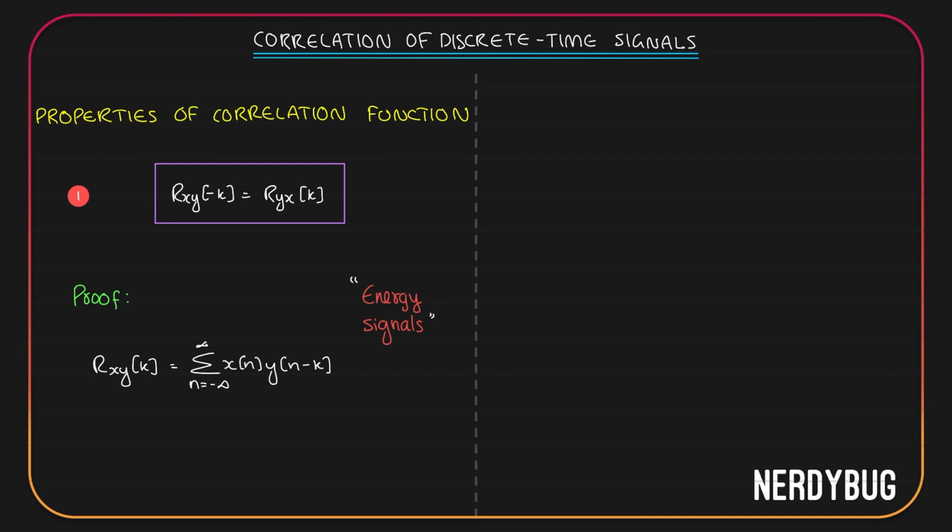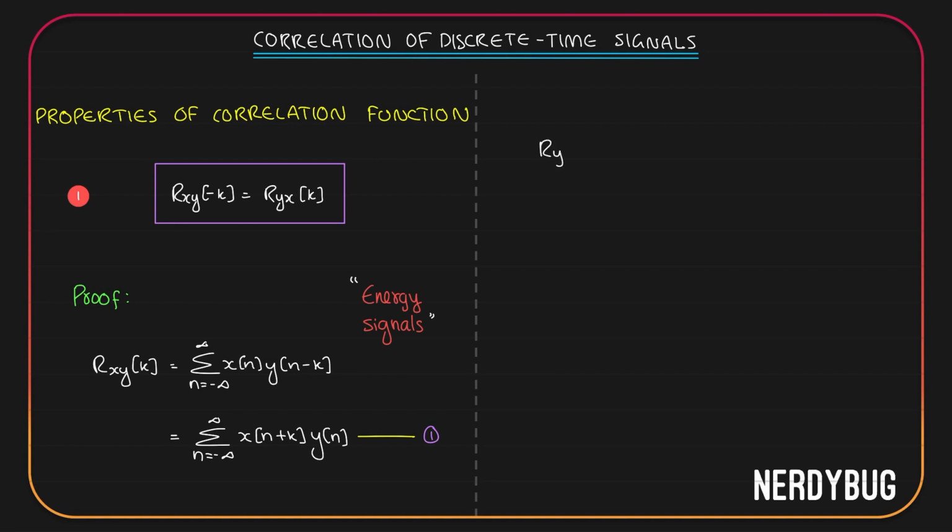Here we are taking the product of x of n with the time shifted version of y of n. Y of n has been shifted towards the right by k units. But instead of doing that, we can take y of n as itself and shift x of n towards the left, which will give us the same effect. So this is equal to summation from n equals minus infinity to infinity x of n plus k y of n. Let this be our equation number 1.